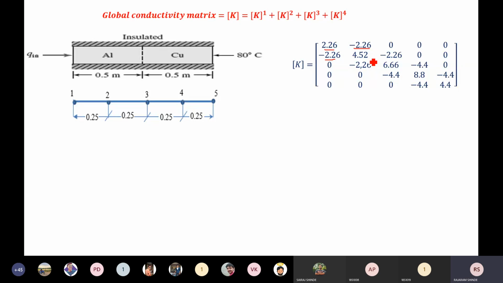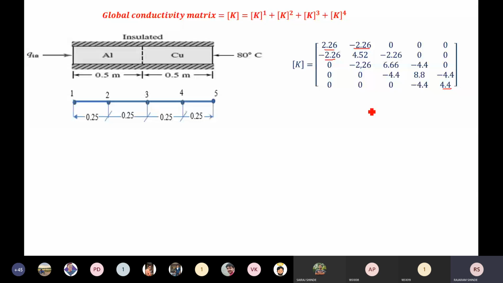Next 2.26, minus 2.26, minus 2.26 and 2.26. It is of the second element. Next 4.4, minus 4.4, minus 4.4, 4.4. It is of the third element. Next 4.4, minus 4.4, minus 4.4 and 4.4. It is of the fourth element.